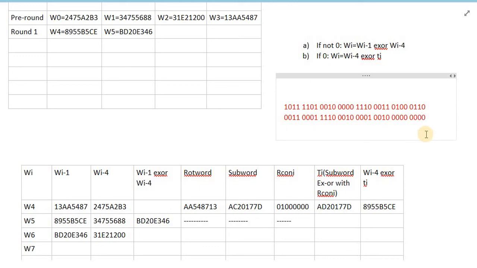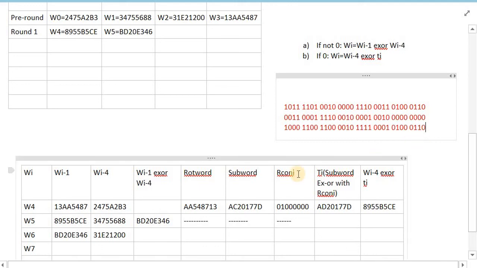So what should be the XOR? That is 1000 and 1100 1100 0010 and so on.